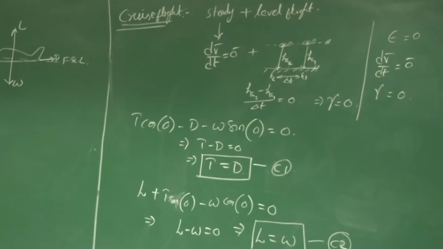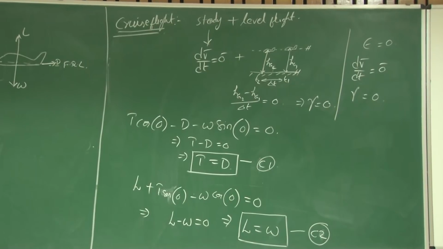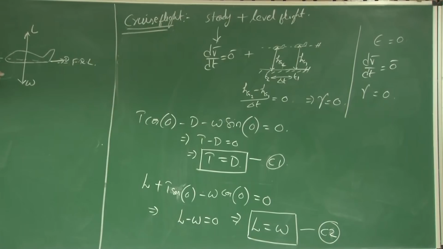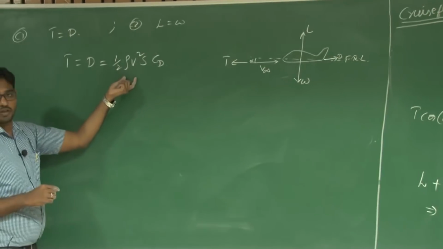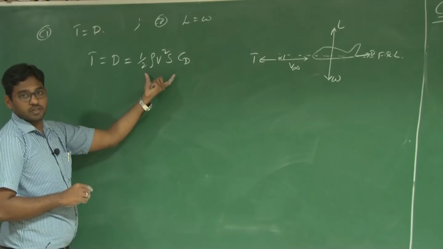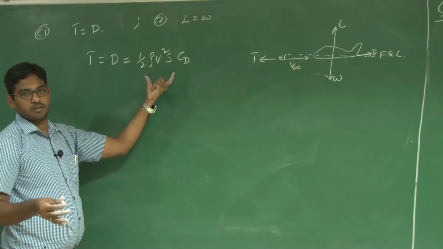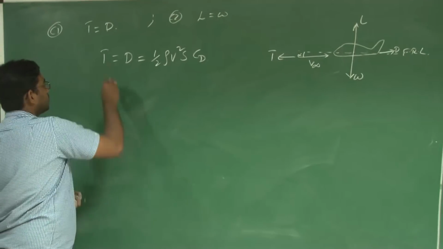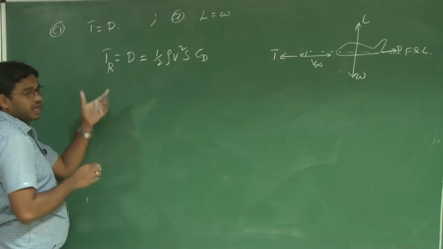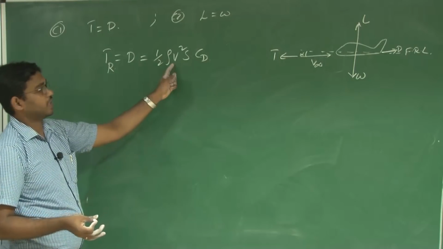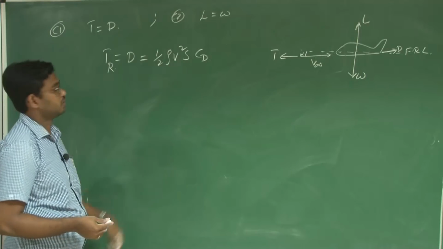In fact, drag is the system's output, an output from the system when moving at that particular velocity. Now, this is a negative force. The system has to generate thrust equivalent to this drag in order to have this level flight. That means this is required by the system to perform this level flight at this velocity V infinity.